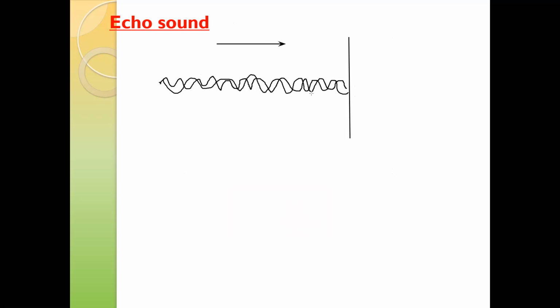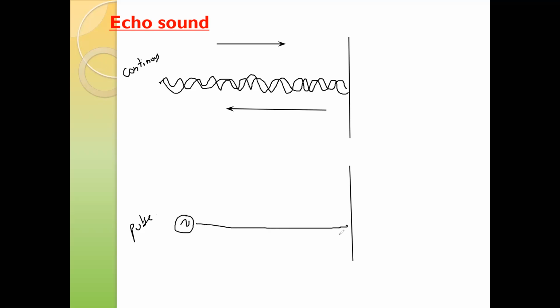This is called a continuous wave. The other one is known as the pulse. Pulse means a small signal, one wave or less than one wave. So we send a small wave, that wave will travel, hit the surface and bounce back.